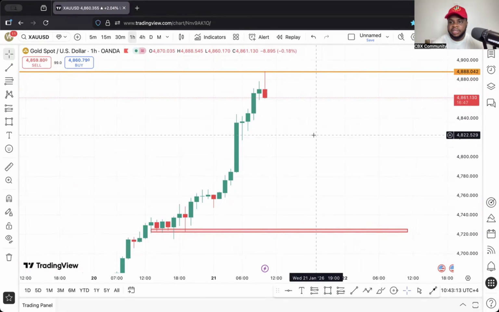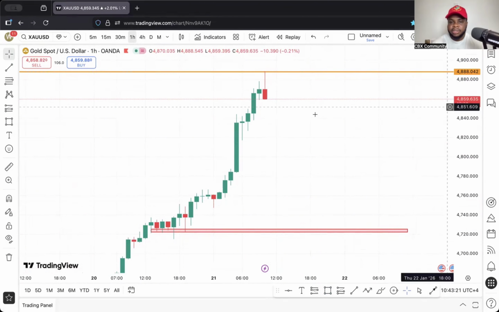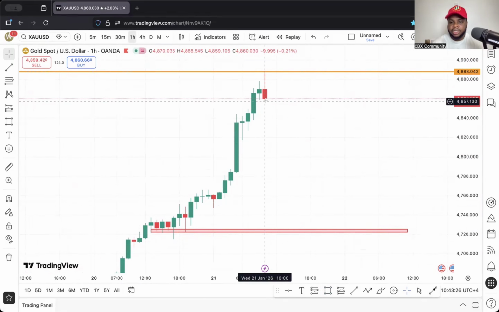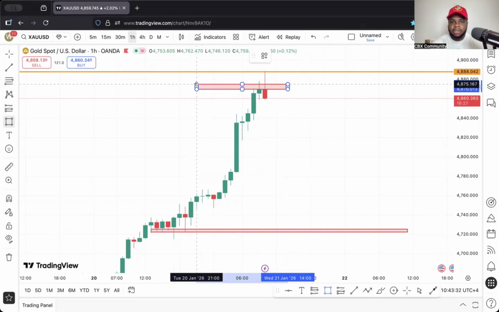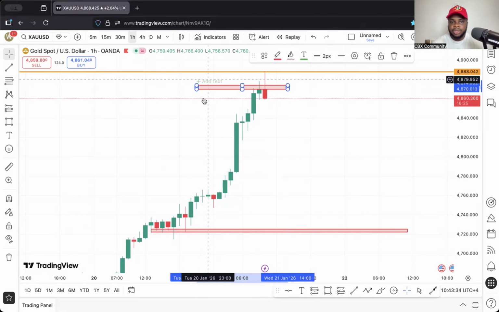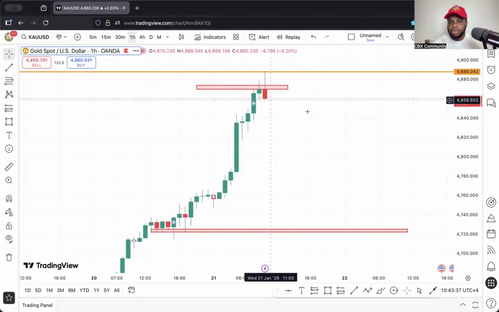So we don't have a recent resistance yet, but this 1 hour candle is left with 16 minutes to close. So the moment this candle closes with a bearish candle, that means this zone will be identified as our recent resistance. But for now, we don't need to do anything. We need to wait until this candle closes.